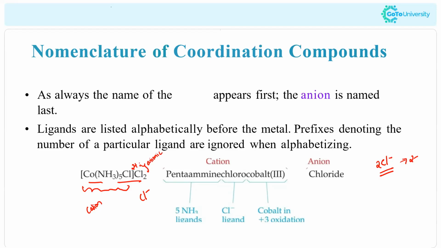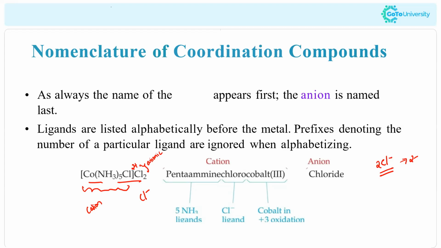Okay, so while naming the coordination compound, the first step is we have to start from the cationic part. So the cationic part here is [Co(NH3)5Cl] and Cl2 is the anionic part, right?